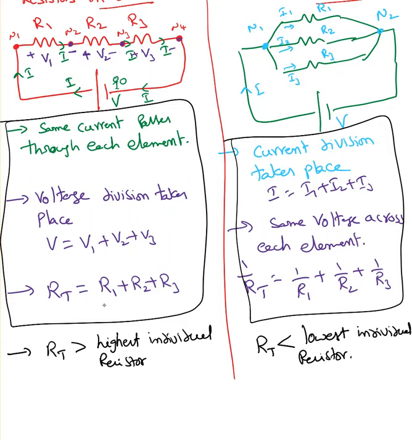If I have R1 equal to 1 ohm, R2 equal to 2 ohm, R3 equal to 3 ohm, then R total must be greater than 3 ohm. Here in parallel, if I have R1 equal to 1 ohm, R2 2 ohms and R3 3 ohms, then R total is going to be lower than the lowest individual resistor. So R total is going to be lower than 1 ohm in this case. That's another important point.